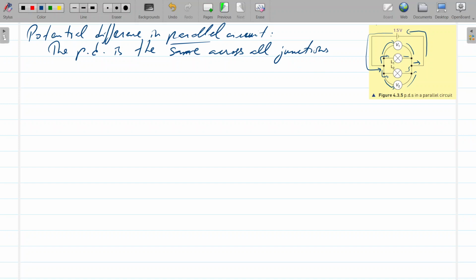So in this case V1 equals V2 equals V, the total. So you're going to get 1.5 volts over here, and you're going to get 1.5 volts over here.